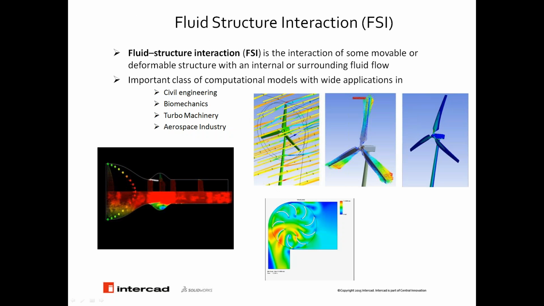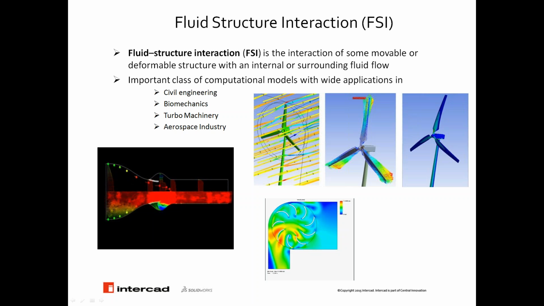FSI is basically the interaction of some movable or deformable structure with an internal or surrounding fluid flow. Because everybody on Earth is submerged in a fluid called air, and also within the human body we have enclosures, which are our arteries, veins, and everything. There is a high interaction between the blood and the structure of, let's say, the artery.